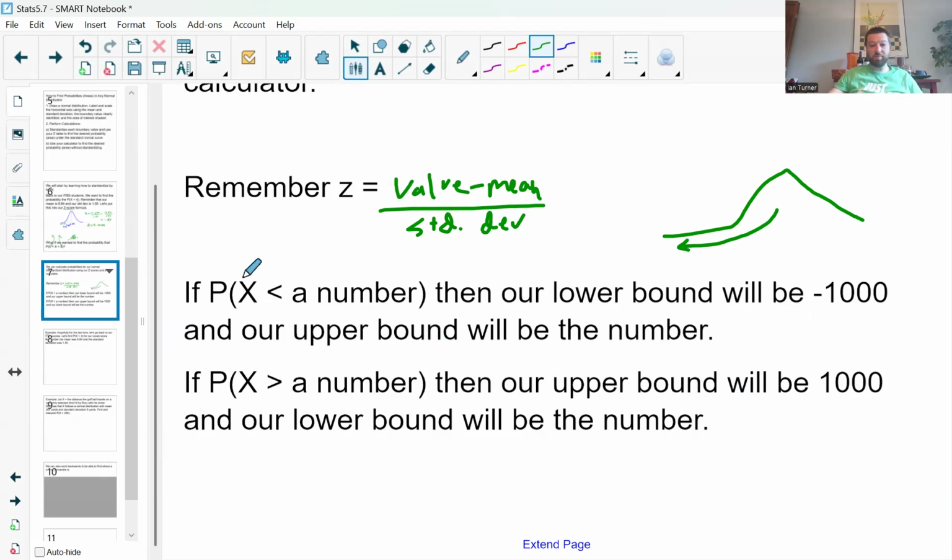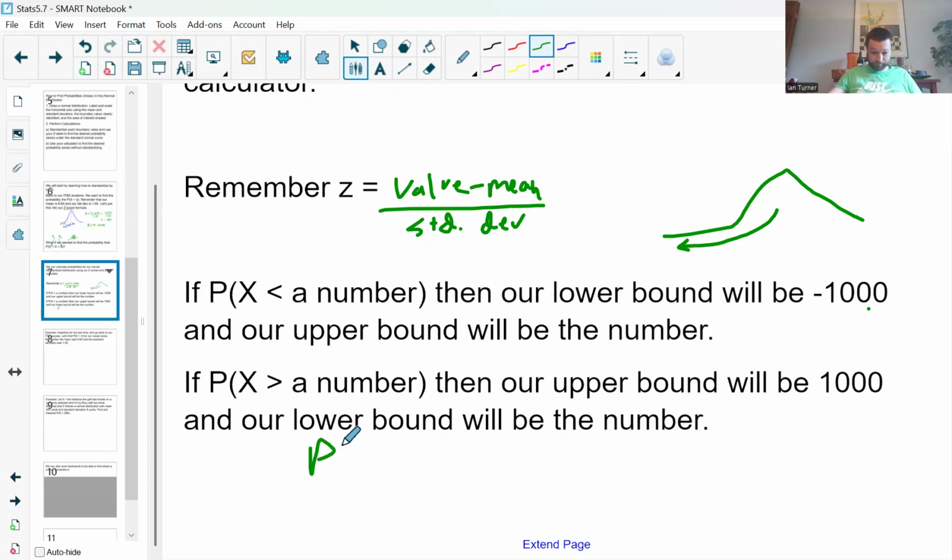If we want the probability that X is less than a number, we're picking a lower bound of 1,000 negative standard deviations to get as much area to the left of the number we want as possible. If we want X greater than a number, our upper bound is going to be 1,000 standard deviations above whatever number we have, because we want to find all that area to the right. So we're just doing 1,000 standard deviations, which would never happen, but never say never.